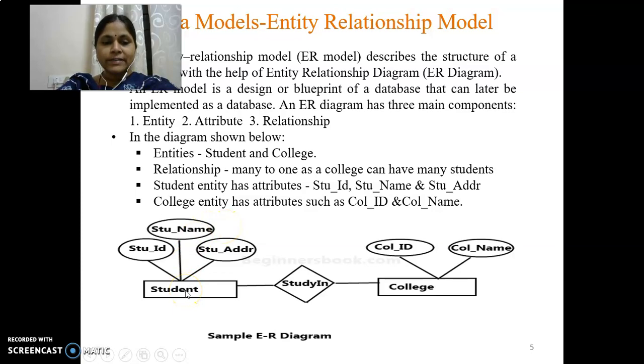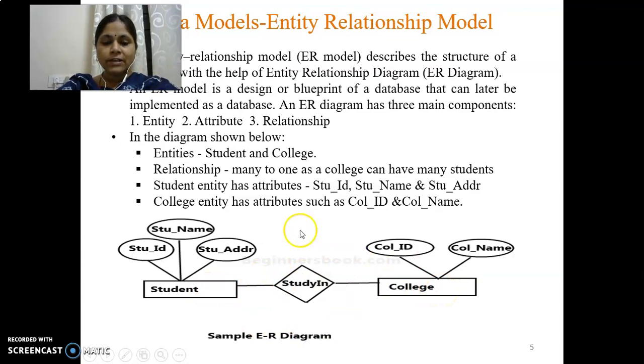For the student entity, student ID, student name, student address are the attributes. For the college entity, college ID and college name are the attributes. Study in is the relationship between the two entities, student and college.